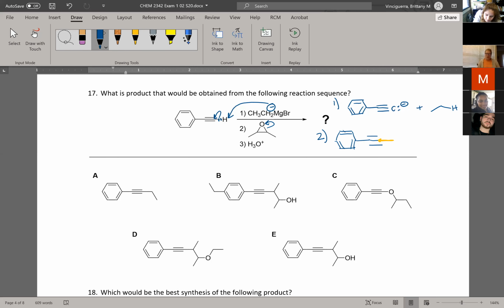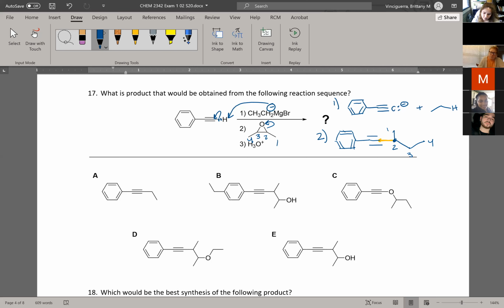And I would number the carbons on the epoxide if you're the type of person who tends to gain and lose carbons. So the carbon that's right here is carbon number 2. It's going to have a methyl group coming off of it, which is carbon number 1. It's also going to have carbon number 3 and 4.